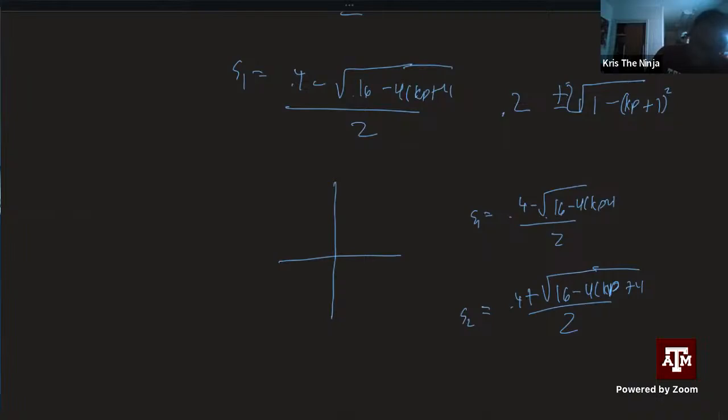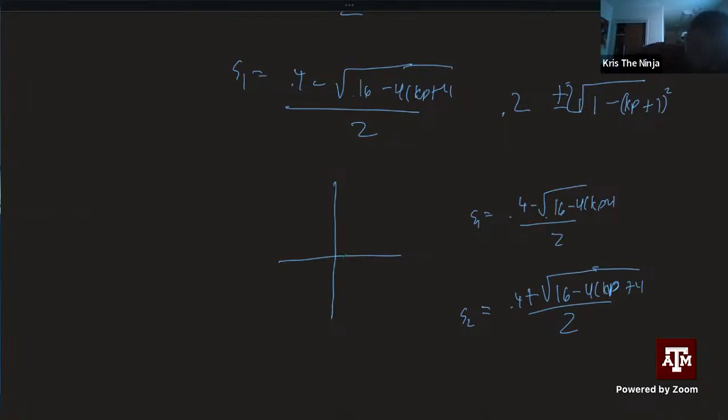That's gonna be 4, 16, 16 minus 16, 0. So that's just gonna be 0.2. It's gonna be a plus 0.2 and then a minus 0.2.